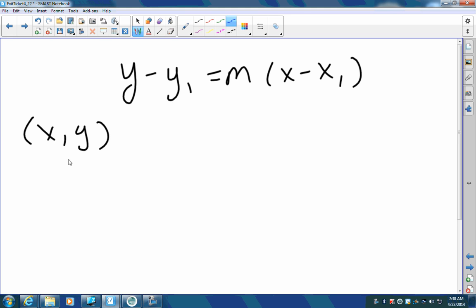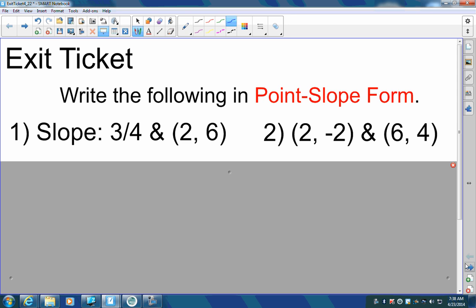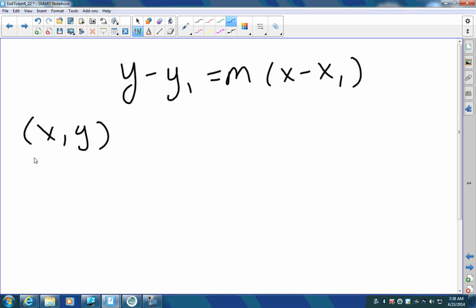So, for example, wait, what was this problem? It was 2, 6. So we had the point 2, 6, and we were given the slope of 3/4.